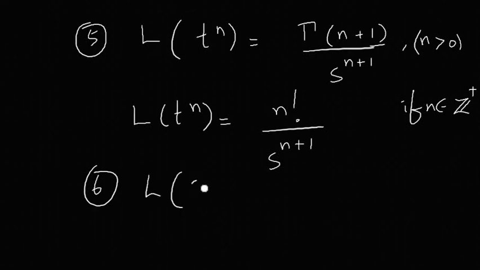And L of sine hyperbolic at is equal to a by, similarly like sine, s square minus a square.